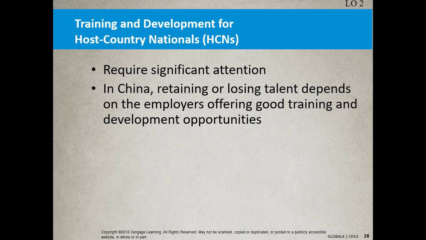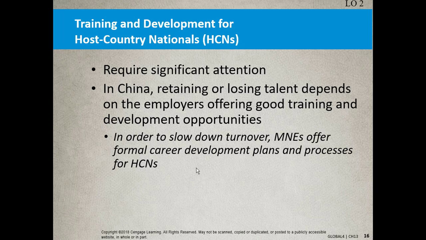Your author goes on to tell us about executives in China getting bombarded with offers from headhunters to travel all over the place. In order to slow down turnover, MNEs offer formal career development plans and processes for the host country nationals. Now, how do you pay these people, right?